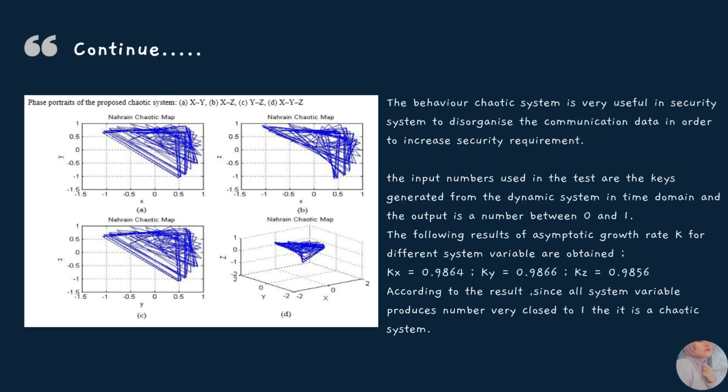Kx equals 0.9864, Ky equals 0.9866, Kz equals 0.9856. According to the results, since all the system variables produce numbers very close to one, it is a chaotic system.